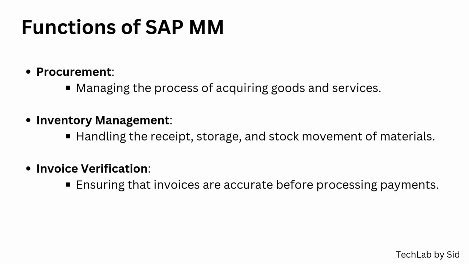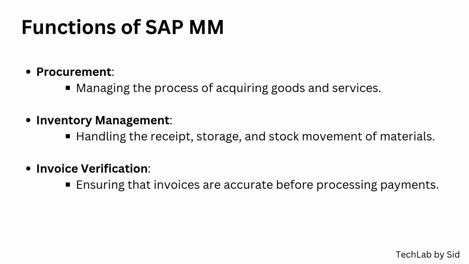SAP MM covers essential functions, including procurement management, inventory management, and invoice verification. Procurement management optimizes the acquisition of goods and services by automating requisition creation, supplier selection, order placement, and vendor relationship management.